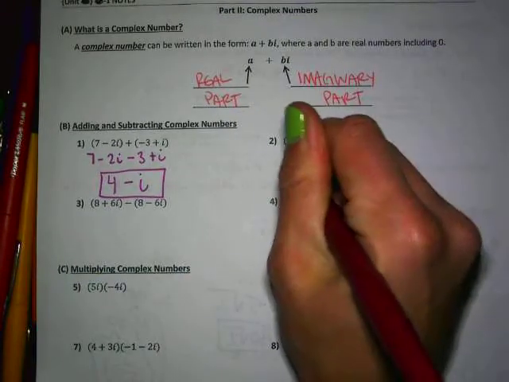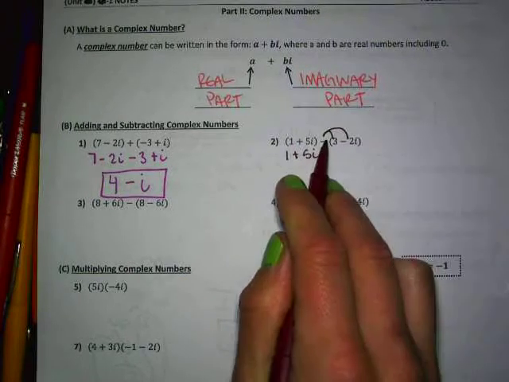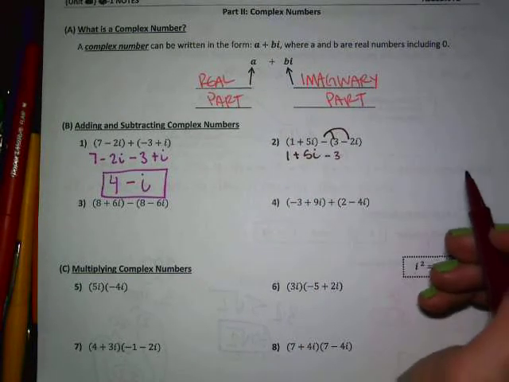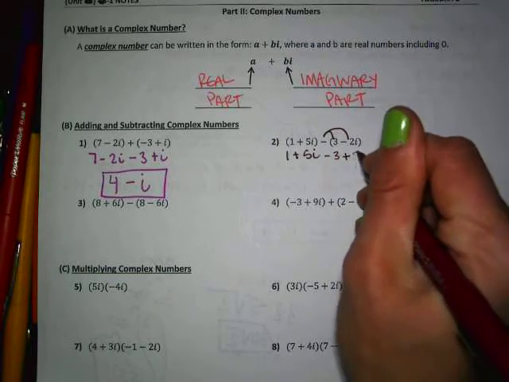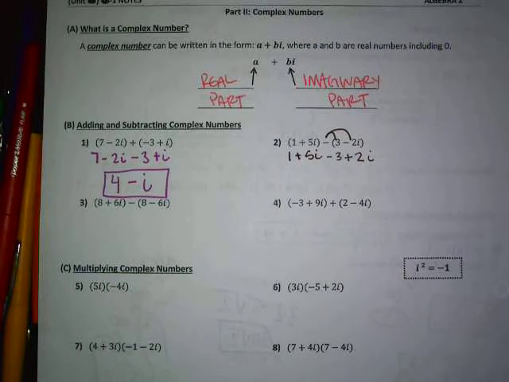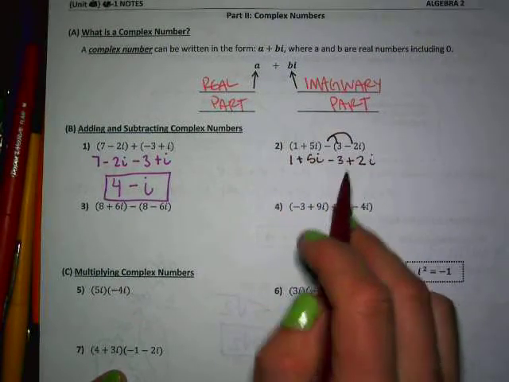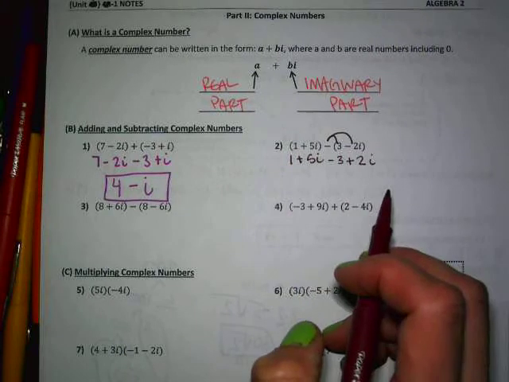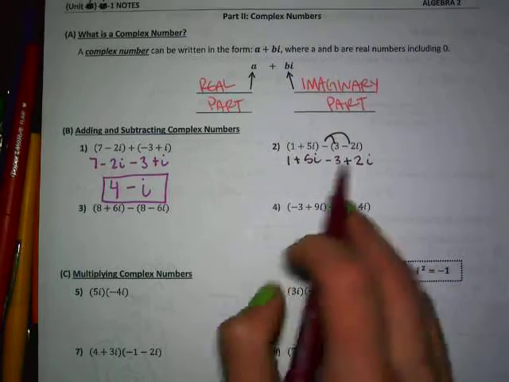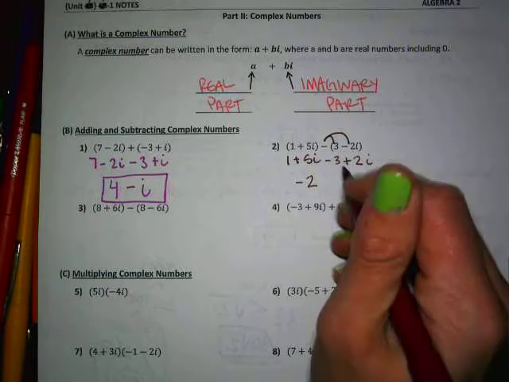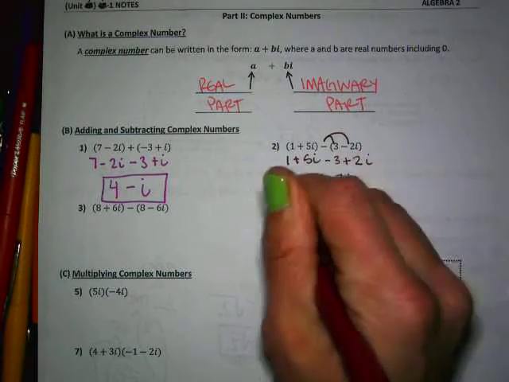So this is 1 plus 5i minus 3, and then negative 1 times a negative 2i is a plus 2i. All right, so do you see how both of these signs changed because it was a minus sign? All right, and then you combine like terms. So 1 minus 3 and 5i plus 2i.